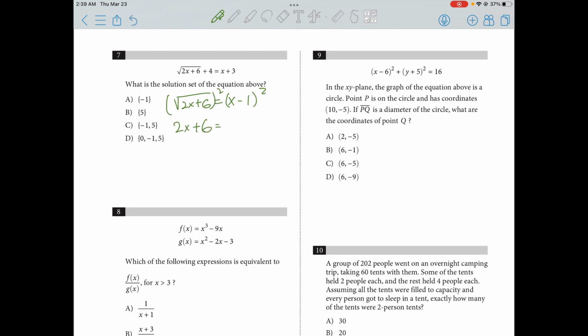And be careful, we're not distributing the power here, we are expanding, which equals this. Right? Because we're solving for a solution set, we have to set the equation to 0. That means we have this. And we factor.